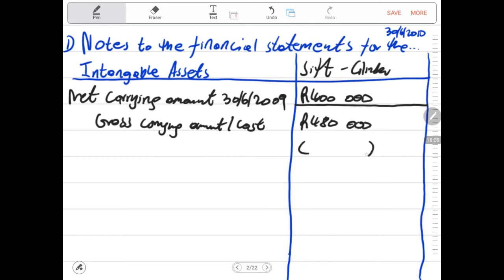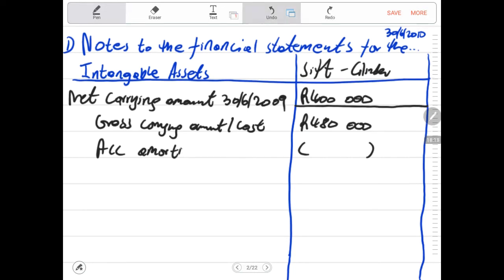And we need to calculate what is called amortization or accumulated amortization, which is usually called depreciation. Amortization, accumulated amortization. How much is our amortization?